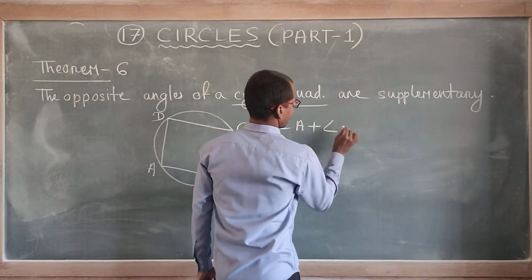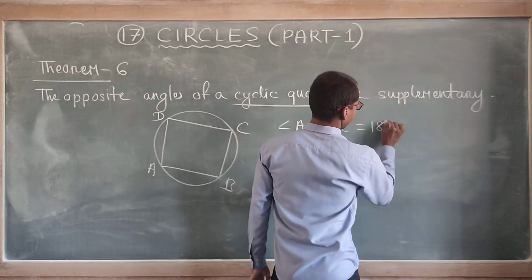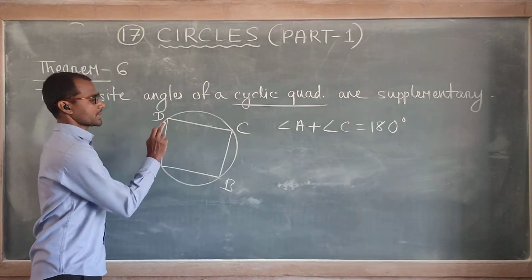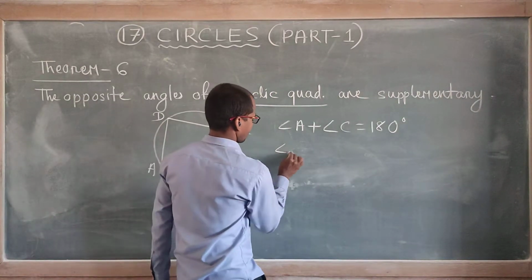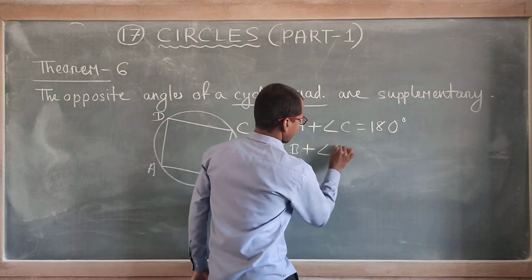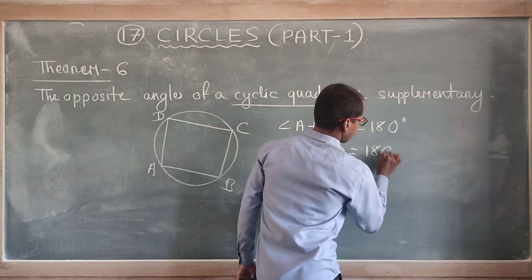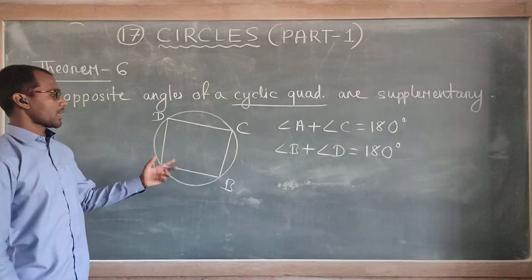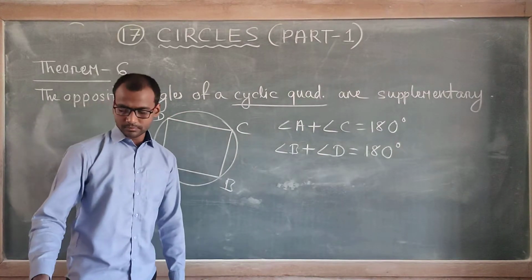Angle A plus angle C is 180 degree. Also, angle B plus angle D is 180 degree. Okay. So this is the theorem related to cyclic quadrilateral.